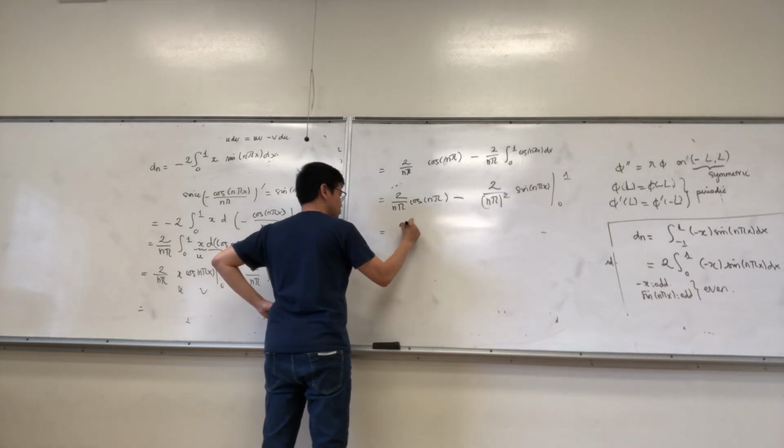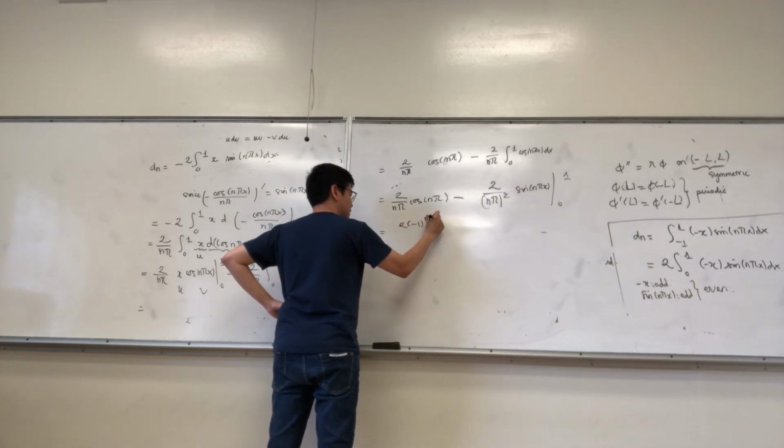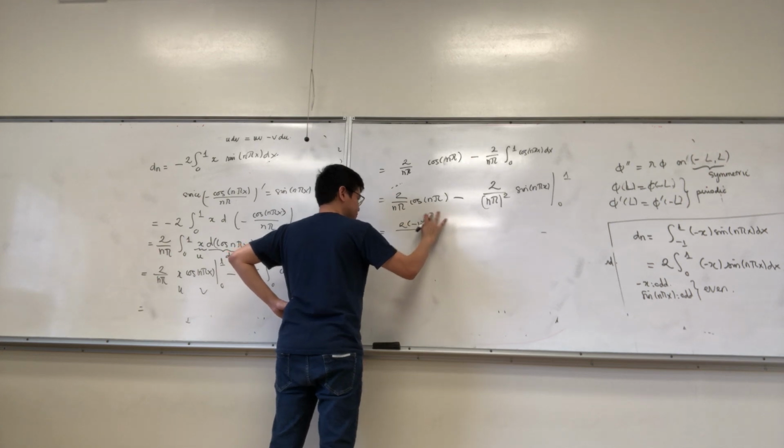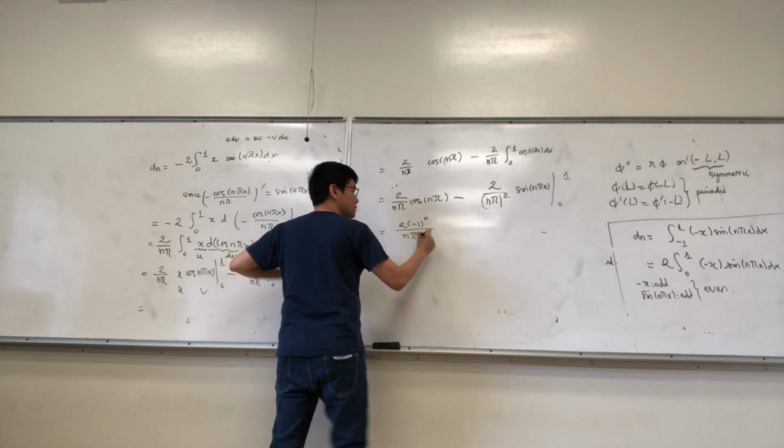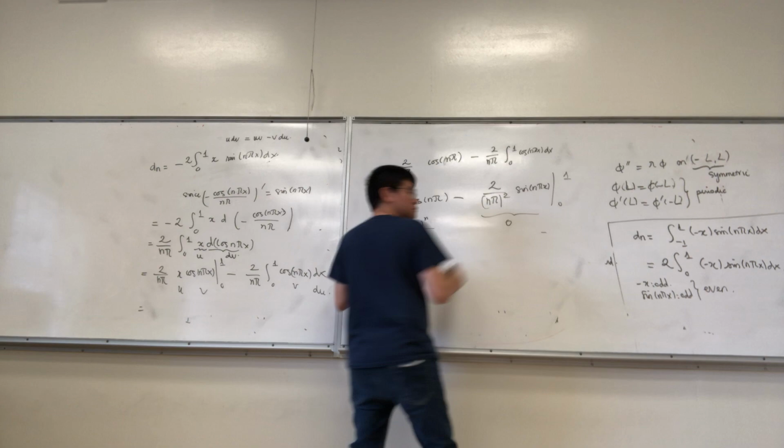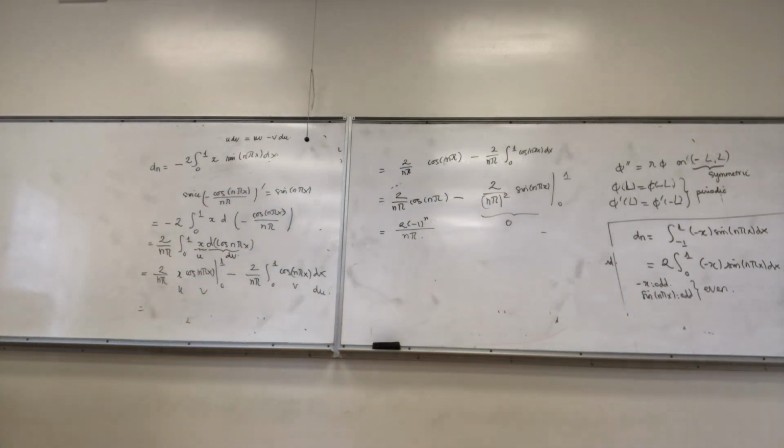So this gives me 2 times minus 1 to the n over n pi. Alright, so this is 0. You compute the second integral by taking the antiderivative of cosine, which is sine, but when you evaluate at 0 and 1, you get 0. The first term gives you 2 times minus 1 to the power n over n pi.